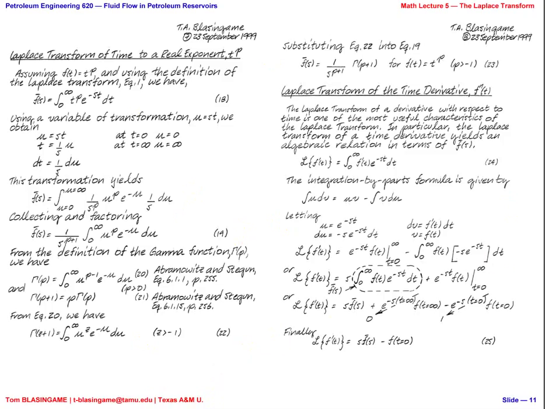If the initial condition turns out to be 0, well, this is reduced to s times the transform. Yes, right? Okay. Just remember this part. This is going to be the right-hand side.